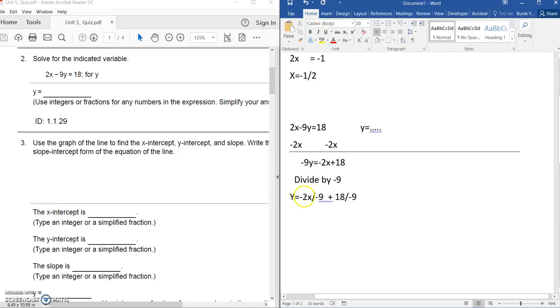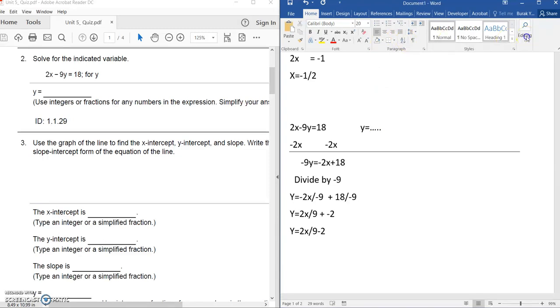So negative 2x divided by negative 9, the negatives will cancel out, so it's just 2x divided by 9. And then plus 18 divided by negative 9 is just negative 2. Or you can just say y equals 2x divided by 9 minus 2.